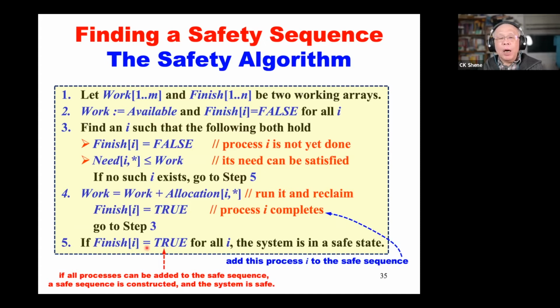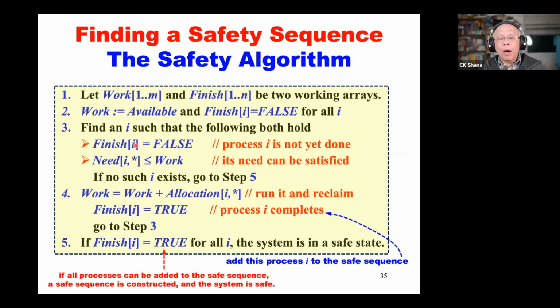If finish[i] is true for all i, the system is in a safe state. Why? Let's take a look. Again, remember the safe sequence is: the first one runs, and the next one waits until the system available plus all processes before it return their resources.